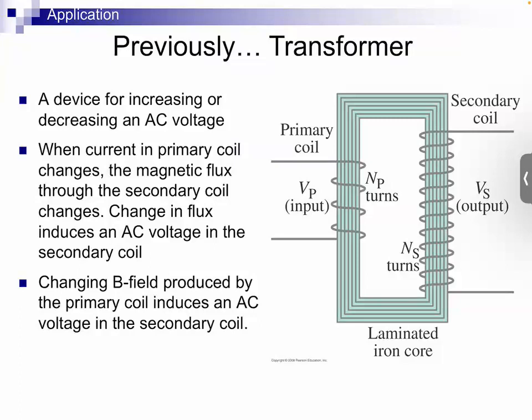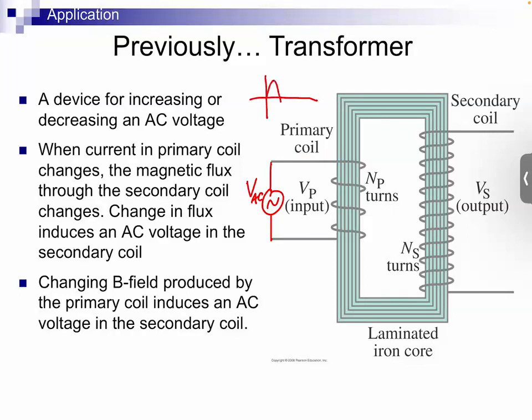And then in the last lecture, we learned about the transformer, which is essentially a direct application of electromagnetic induction or Faraday's law. We learned that if you have a primary coil on one side of this iron core, and you apply an alternating voltage through that coil, therefore you'll have an alternating current through the coil.